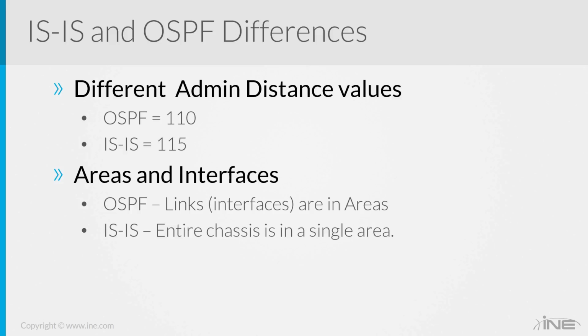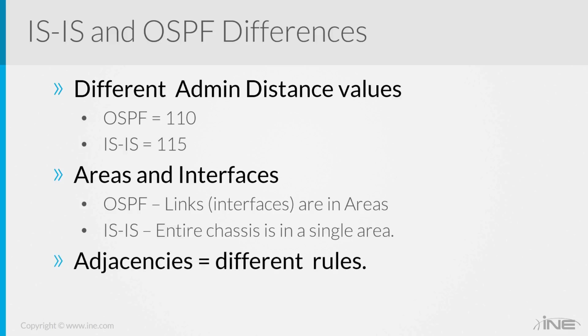In IS-IS, the entire chassis, or in our case our virtual routers, CSR1000V and IOS-XR, all interfaces are in a single area, and the link between them is the differentiation. So you could have one router in area 0, and the router at the other end of that link could be in area 10. That's the only major difference between the two.